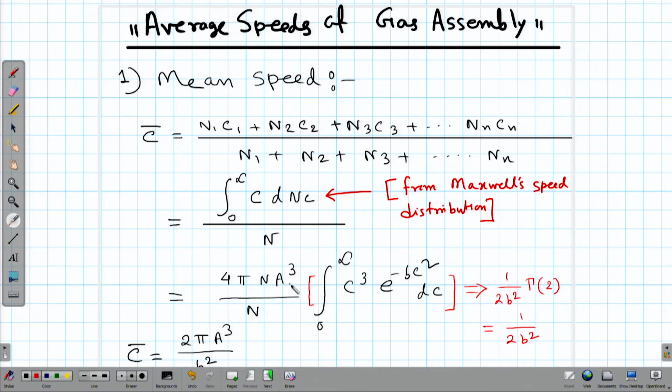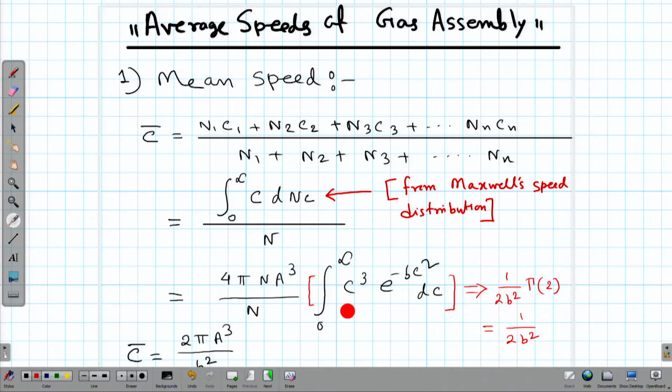At present I am just writing in terms of a and b, we are not writing the full expression for a and b. Then this integration becomes 4 pi n a cubed in the numerator and capital N in the denominator, multiplied by the integral 0 to infinity c cubed e to the power minus b c square dc.